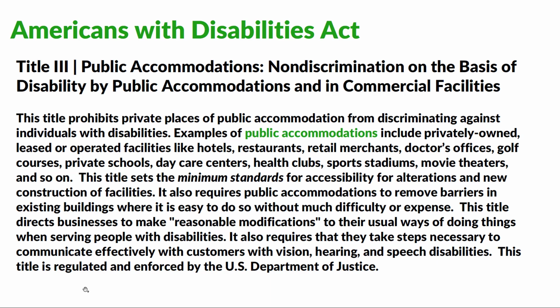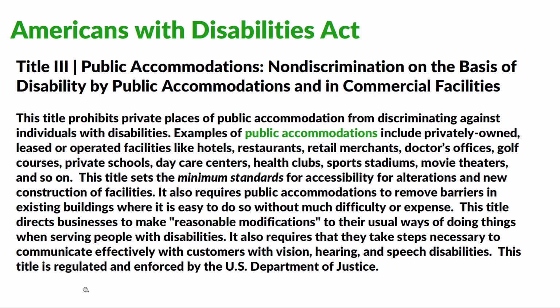Well, public accommodations includes privately owned, leased, or operated facilities such as places like hotels, restaurants, retail spaces, doctor's offices, private schools, daycares, gyms, sport facilities, movie theaters, golf courses, all of those types of public spaces.